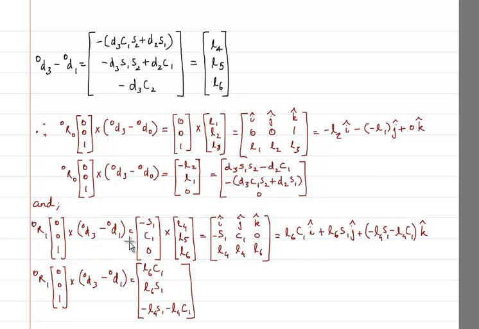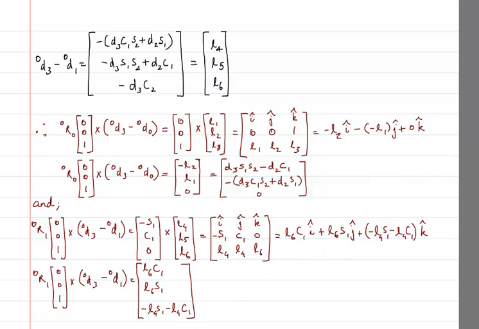Now if I go for the second equation and multiply, then again, as we all know, we have to multiply the 0r1, 0 0 1, which is this one, with 0d3 minus 0d1, which is given here as L4, L5, L6. The cross multiplication of that again will give me this equation, which we have written here.